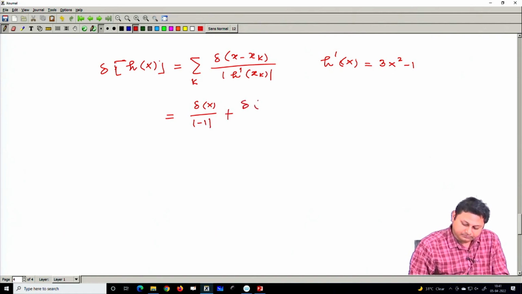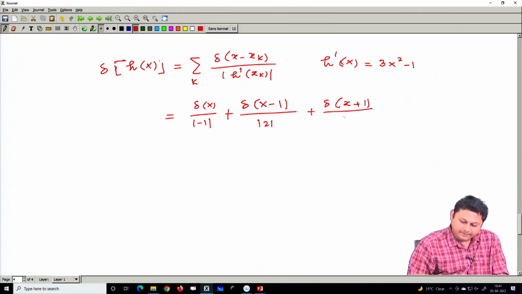Delta of x minus 1, the next root is 1. So I put 1 here, then we have mod of 2. Plus delta for the next root, minus 1. So I should have x plus 1, and again mod of 2.